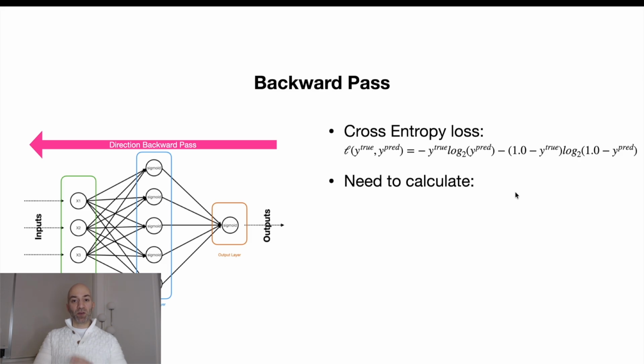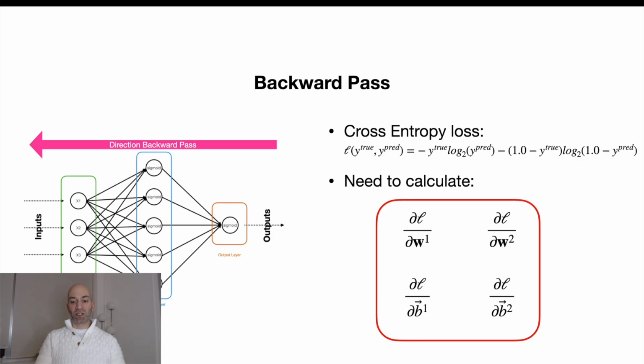We're going to need to get out of this backward pass these following derivatives. These are the derivatives of the loss with respect to our two weight matrices, W1 and W2, as well as the derivative of the loss with respect to our biases, B1 and then B2.